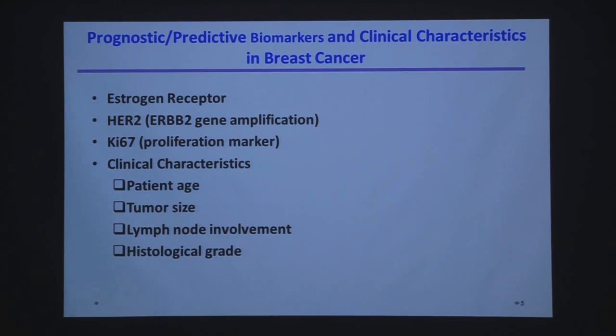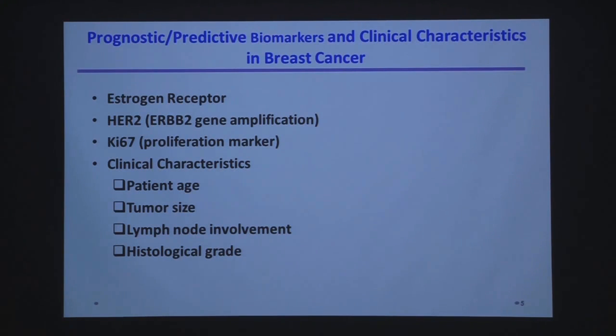So in terms of some of the prognostic and predictive biomarkers and clinical characteristics in breast cancer, we've known about many of these types of prediction markers: the estrogen and progesterone receptor, HER2, Ki67, which is often looked at as a proliferation marker to determine how well somebody might do in terms of prognosis. If they have some of these different characteristics, they would do better or worse depending upon the characteristics of their tumor.